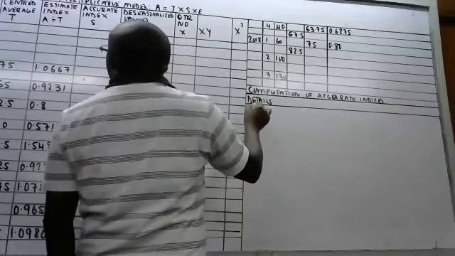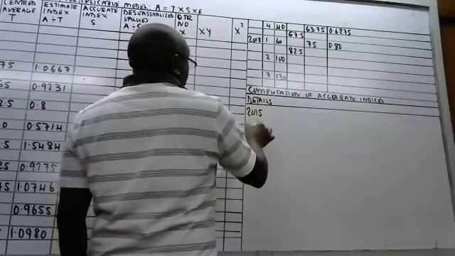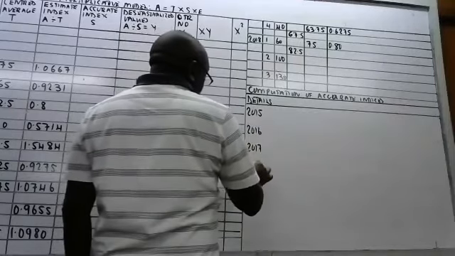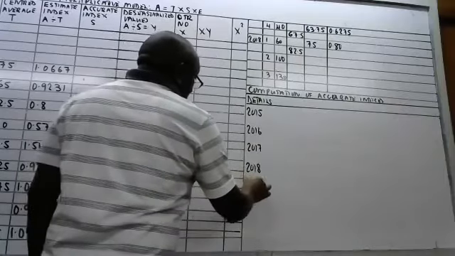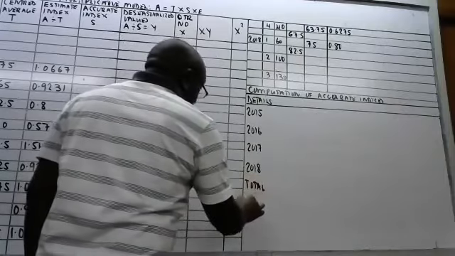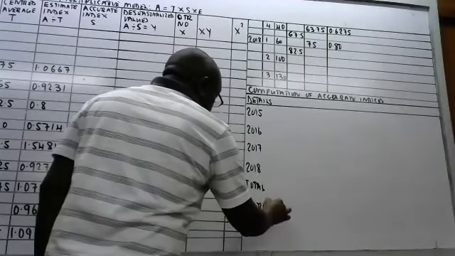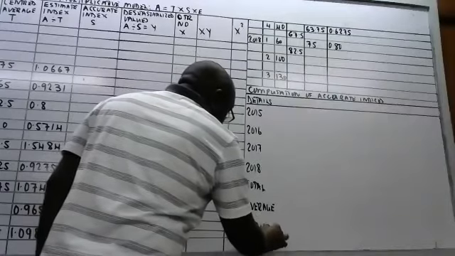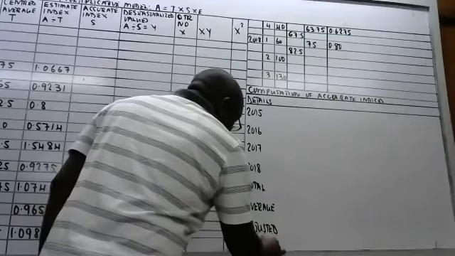We have the year 2015, we have 2016, 2017, 2018, we have total here, we have average, and then we have adjusted average.